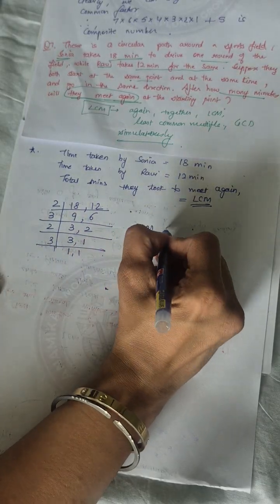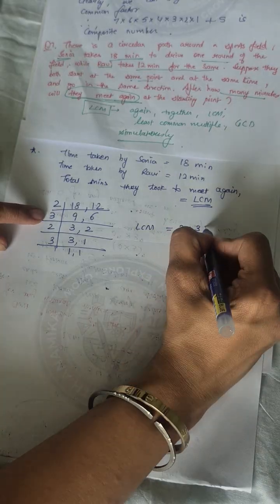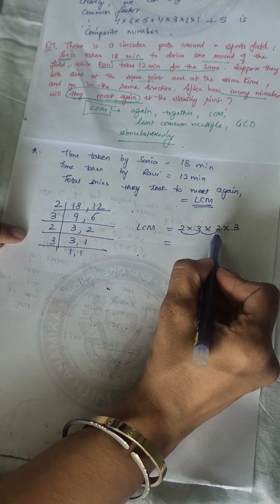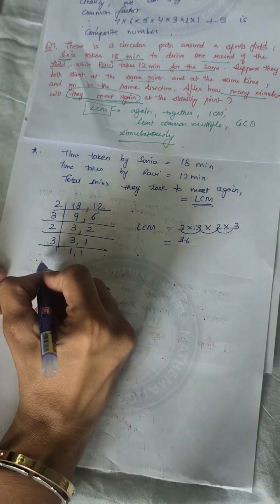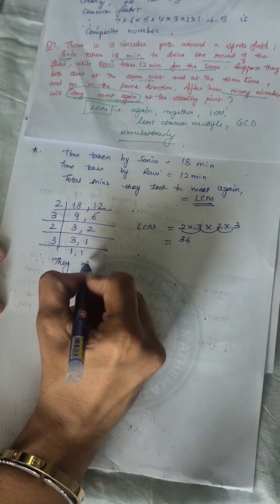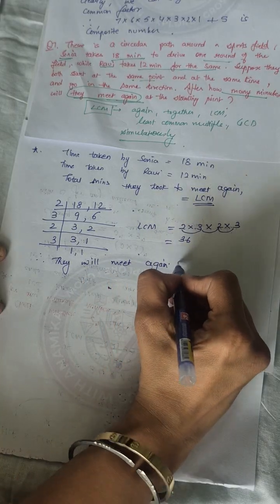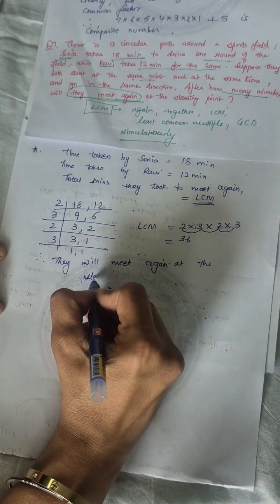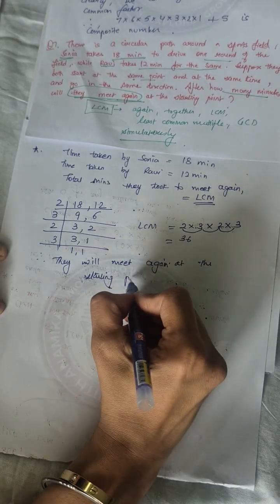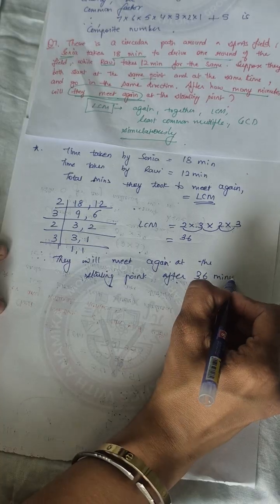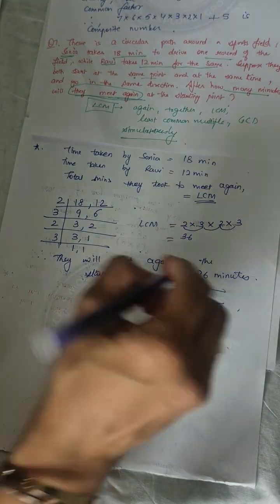So my LCM will be, we'll multiply all these values. 2 times 3 times 3 times 2 gives you 36. That means they will meet again at the starting point after 36 minutes. This is how we solve the question.